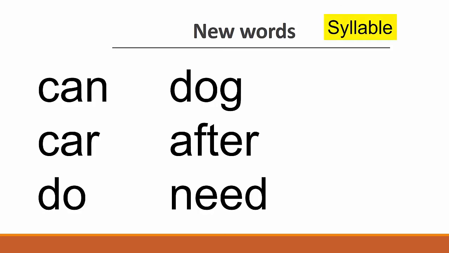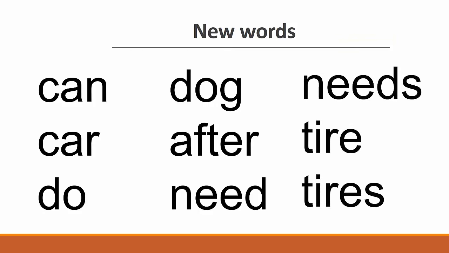A syllable is a sound difference in one word. After. 2 syllables, 1 word. Need. Needs. Put an S on the end and it becomes needs. Tire. Tires. Put an S on the end, makes it plural.